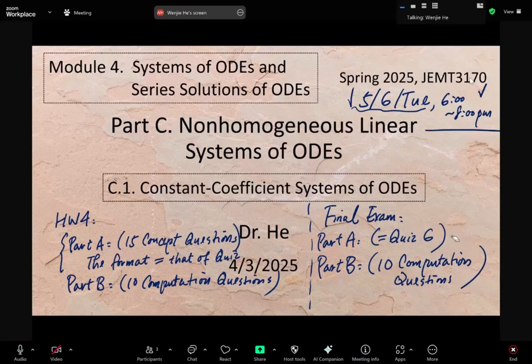Our standard quiz format is 10 questions, so I do not want to change. In total you have 20 questions, not 25. It's shorter than our standard assignment, which has 25 questions.